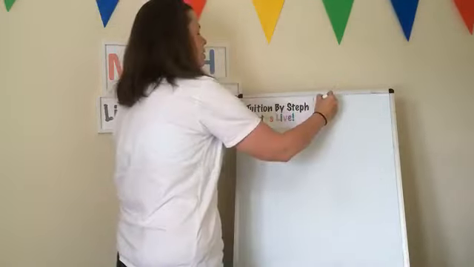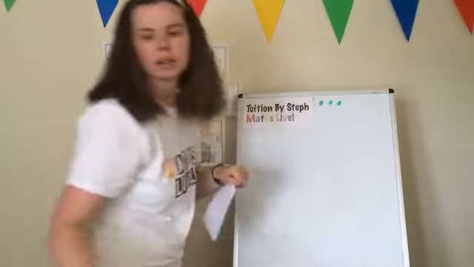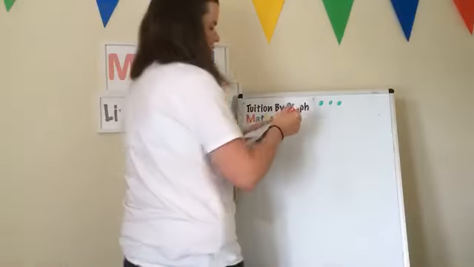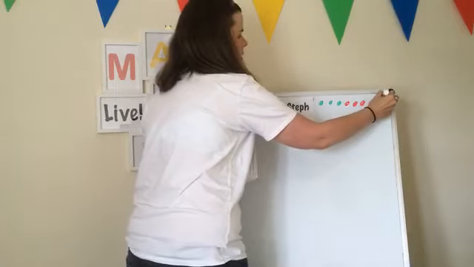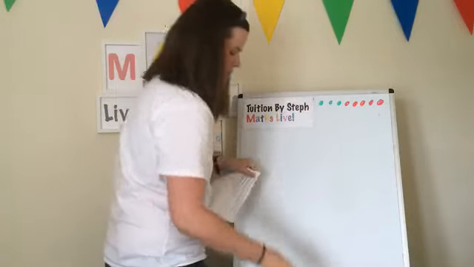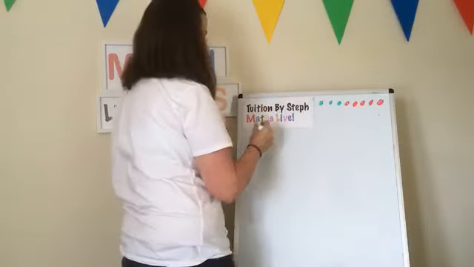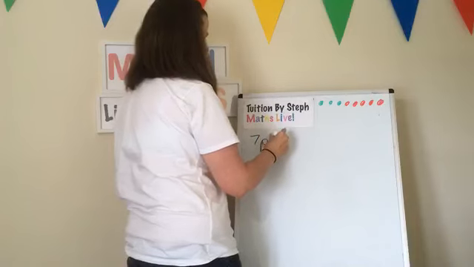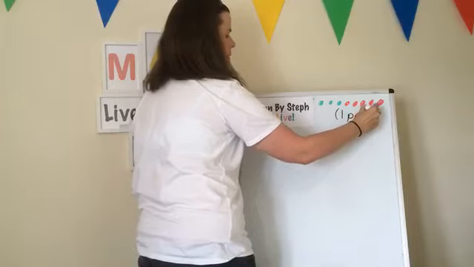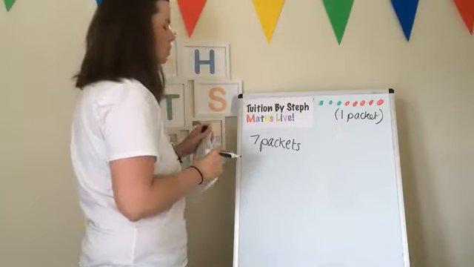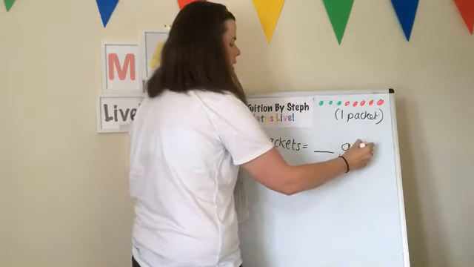And the packets of sweets were open, and this is one packet up here. If 7 packets of sweets were open, how many would be green?